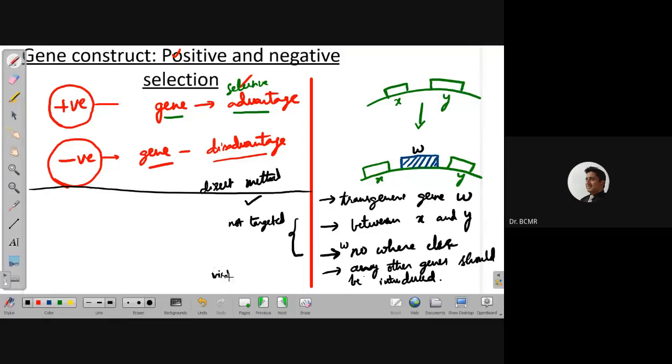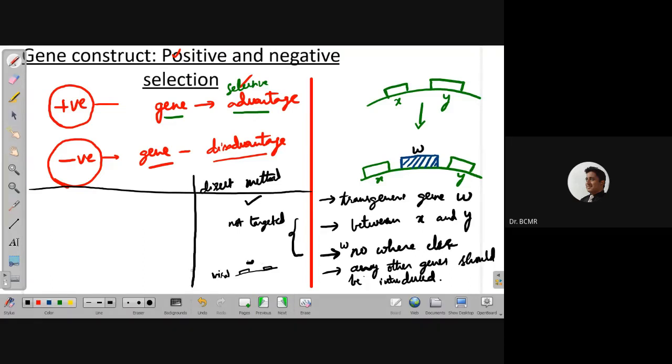If you have used something like a viral vector, they will introduce other genes also, whatever is there in the vector, and those are all the risks. For example, I want W, but I don't want the genes for selection in the genome, and that is a risk, right?